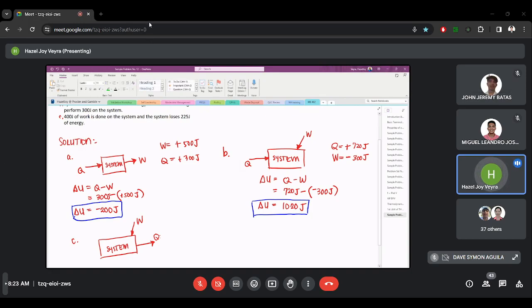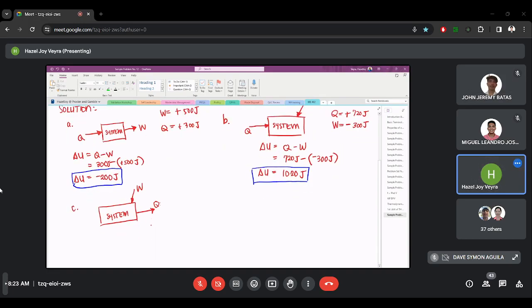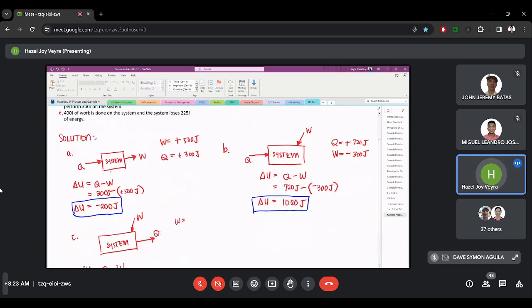So, yung work was done on the system and the system loses energy to the surroundings. Therefore, yung ating internal energy dito, Q minus W. So, W natin dito is 400. So, negative 400 since it was done on the system.